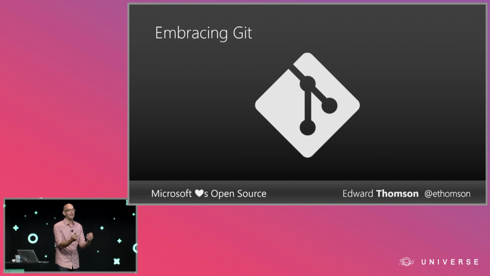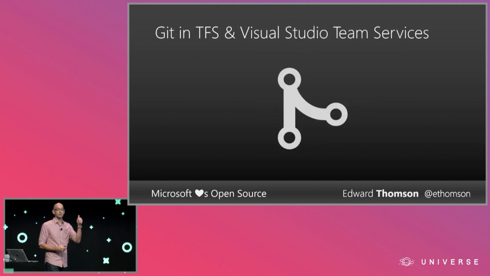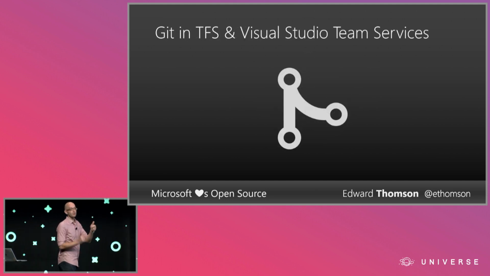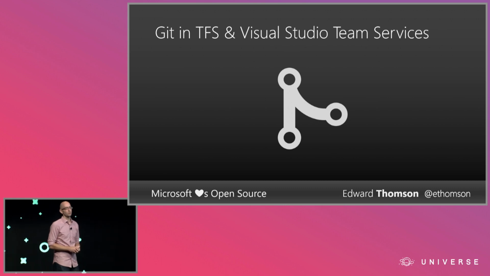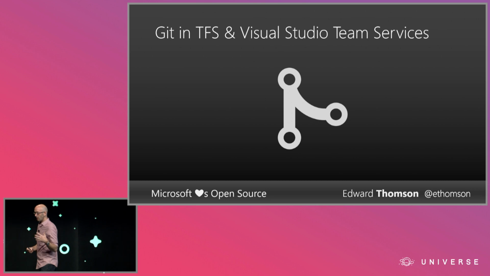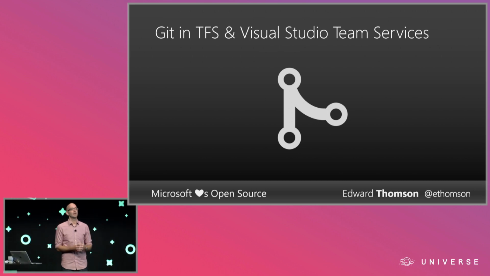We decided that we had to put Git into Visual Studio, the IDE, into Team Foundation Server, our hosting platform, and into a new product called Visual Studio Team Services, which was Team Foundation Server hosted in Azure. This was our cloud-hosted code collaboration platform that we were really excited about.